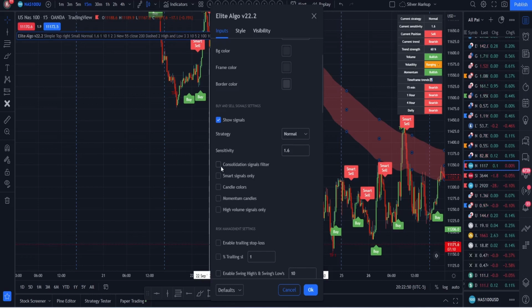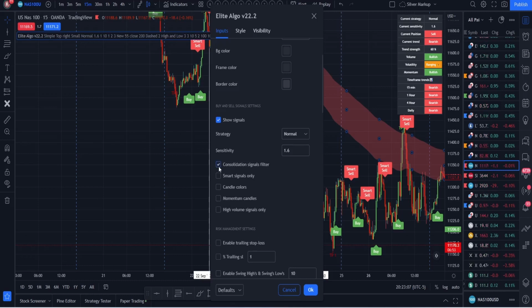These next 5 components help you filter out the signals based off of when there isn't a good market or a good place in the market to take a trade, or to just give you the best opportunities up front.